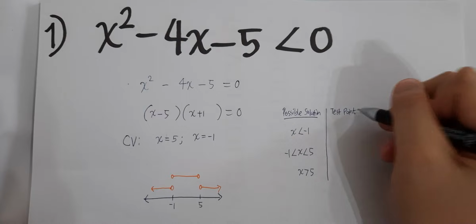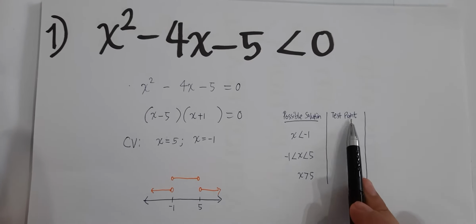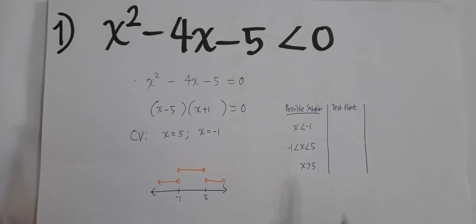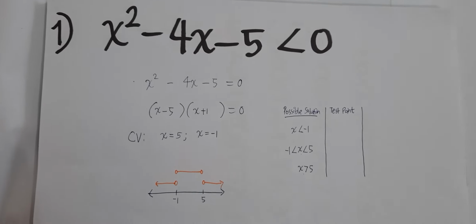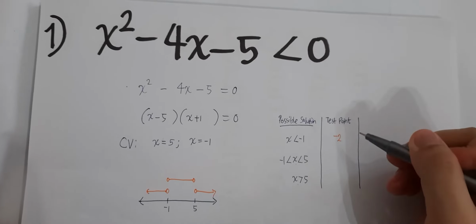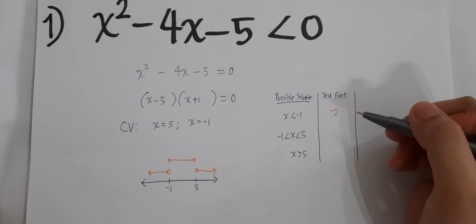What is a test point? It is a value which is in these inequalities. For example, here x is less than minus 1. It could be minus 2, minus 3, minus 4, minus 5, and so on. But I choose minus 2.